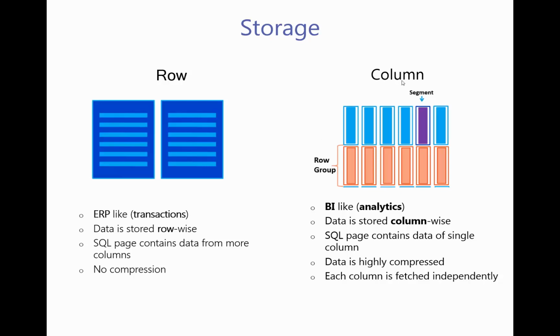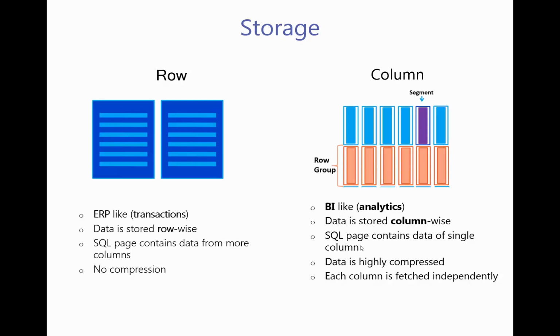Now, column store is a different store where the data are stored column-wise. So the same information is spread along the segments and row groups, where each 8 kilobyte page contains data from a single column.